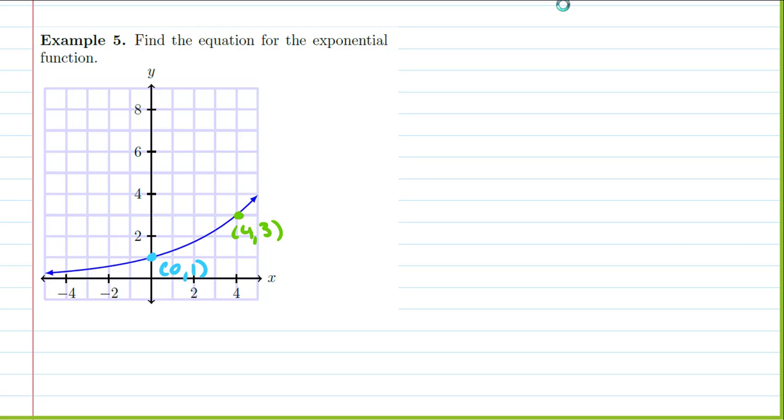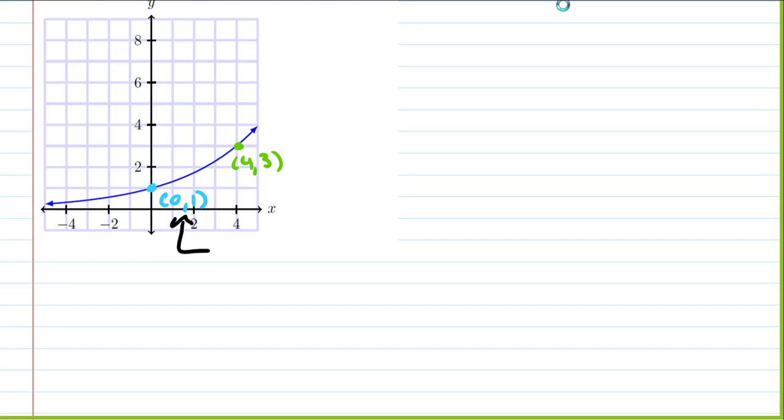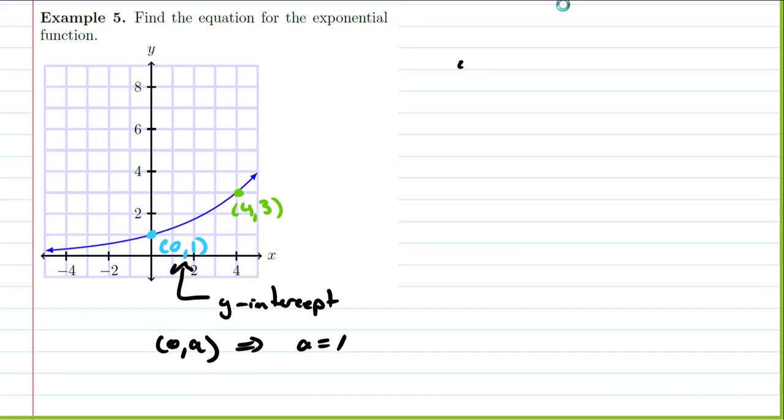Turns out this one's a little bit easier because what were we given? What is the point 0, 1? That's our y-intercept. So then this is the point 0, a, so it implies that a is equal to 1. Well, if we know our model is y equals a times b to the x, and we know a is 1, then this is just b to the x.